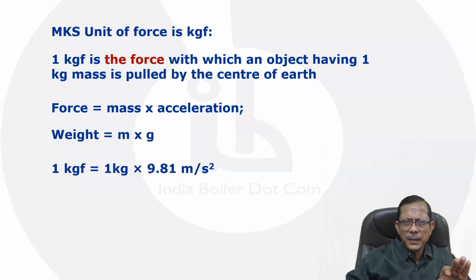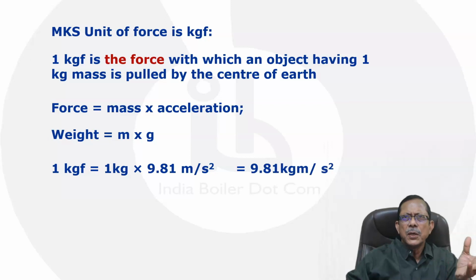Now if you see the force unit, it comes to kg meter per second square. So 1 kg force, in the MKS system, in terms of actual units, is 9.81 kg meter per second square of force, right?